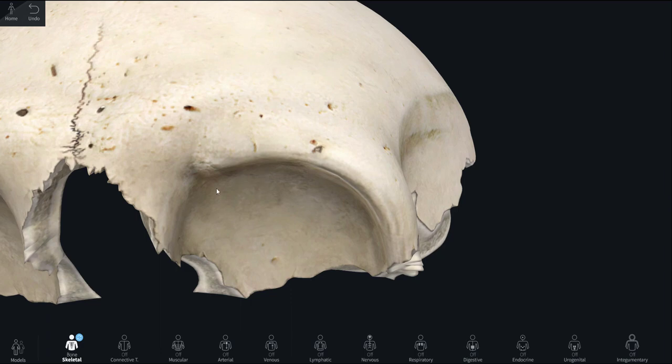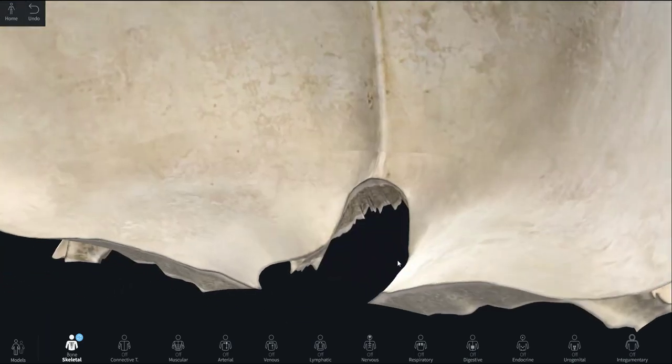Now a pulley is a pulley, so when the tendon passes, it will change its direction acutely, right?